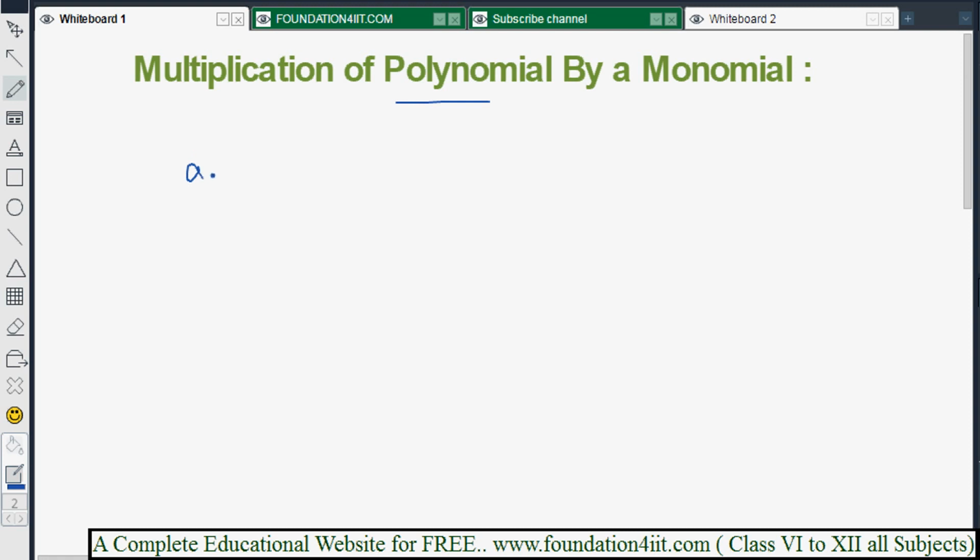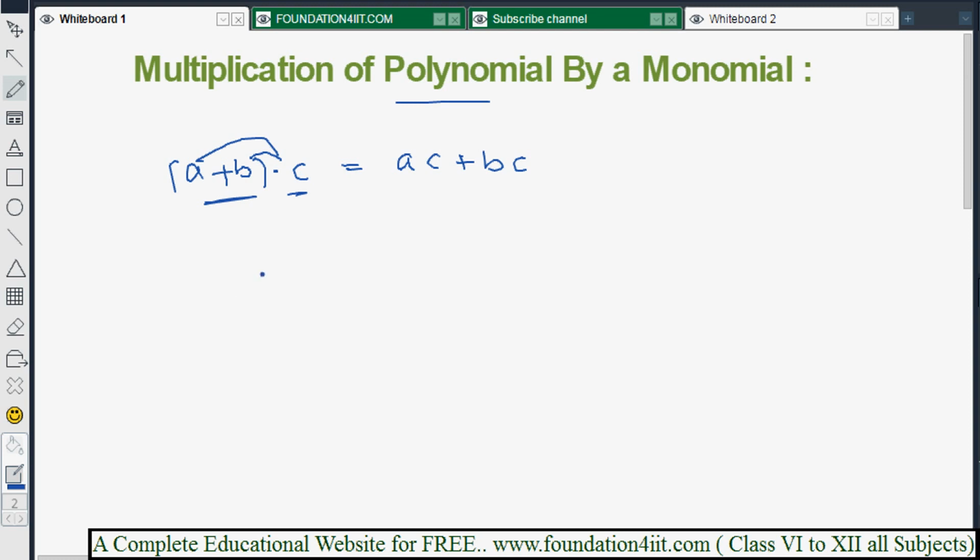A plus B into C. If you want to multiply A plus B with C, then we distribute: A into C plus B into C. Here C is a monomial and the other is a polynomial, which means we distribute separately.